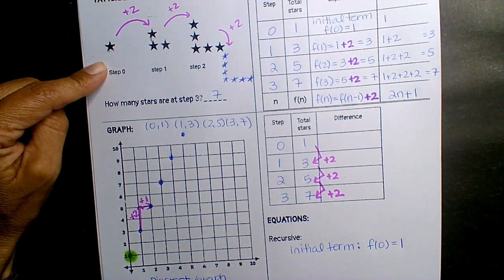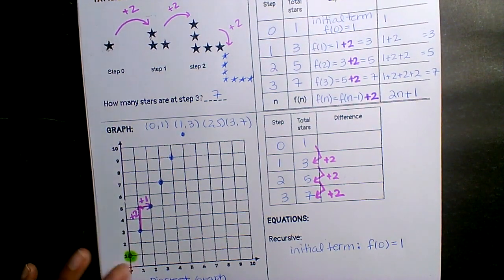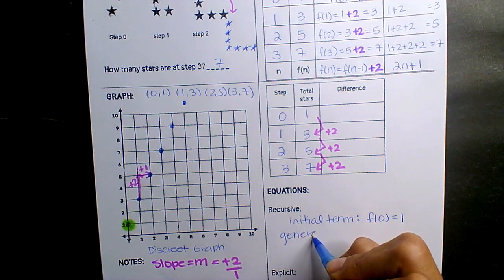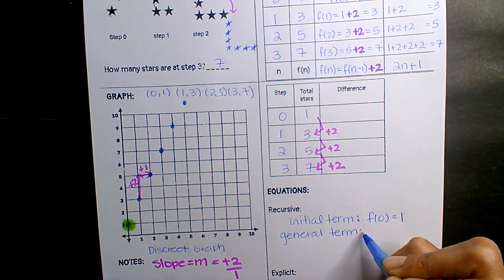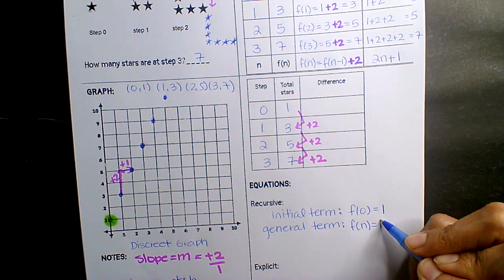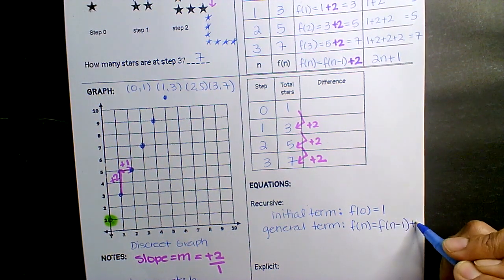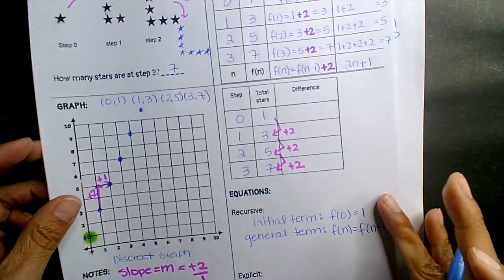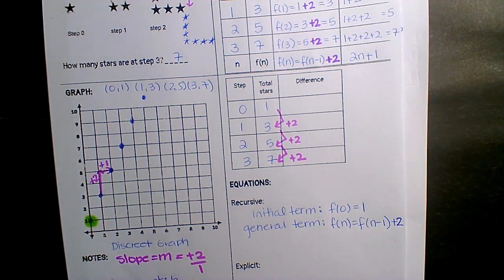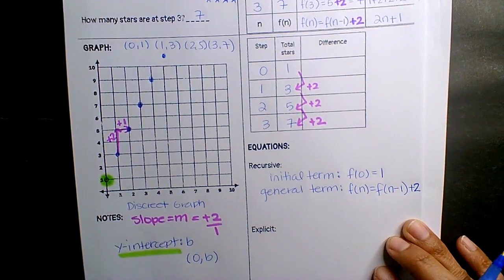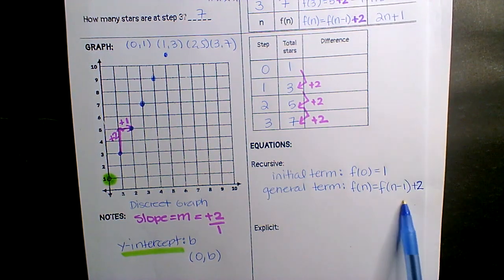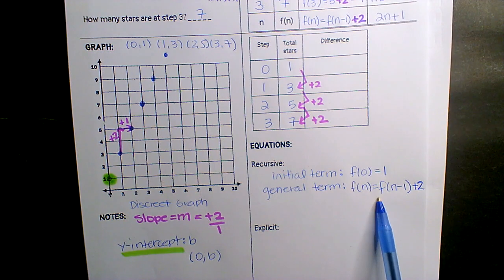You have to give me the first piece of information given to you, okay? And then typically the general term is this right here. So any term forward, you look at your prior term and you add 2. So if we're asking for recursive, I need these 2 things always, not just one of them, both of them.